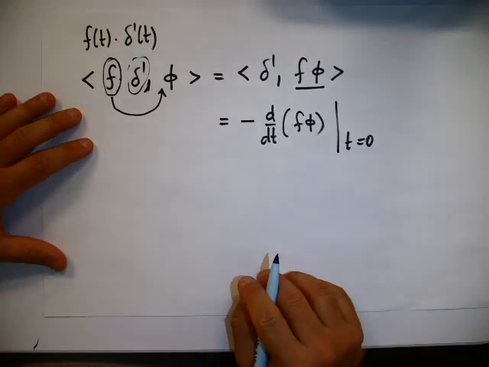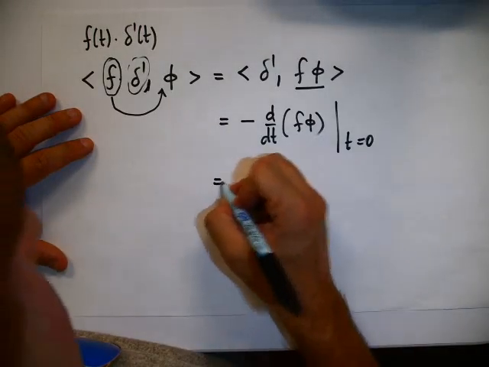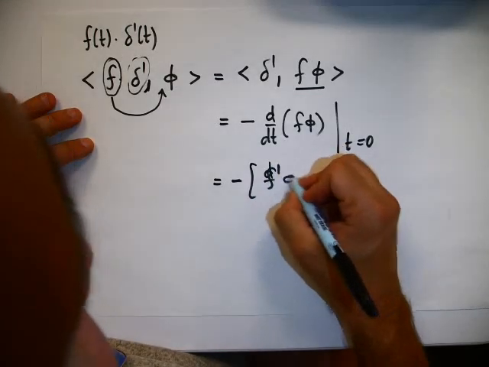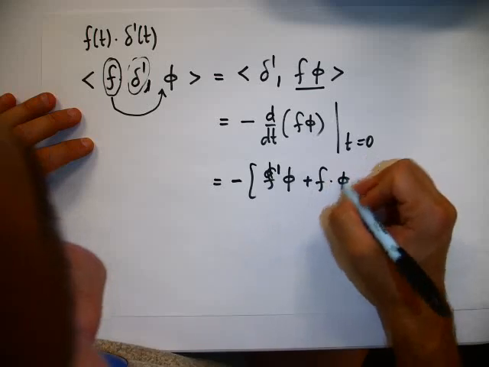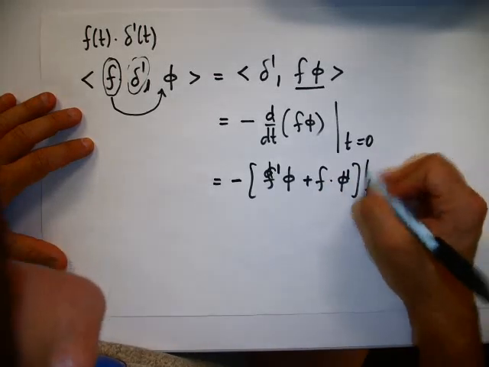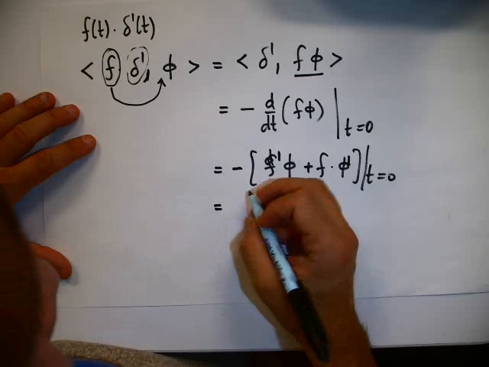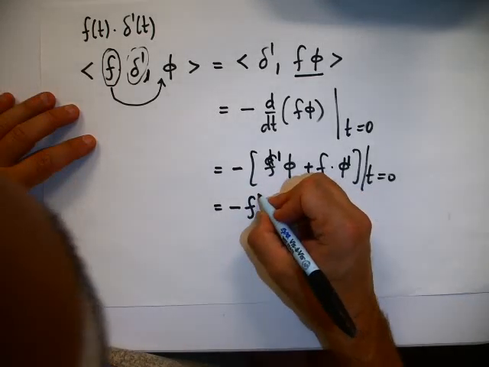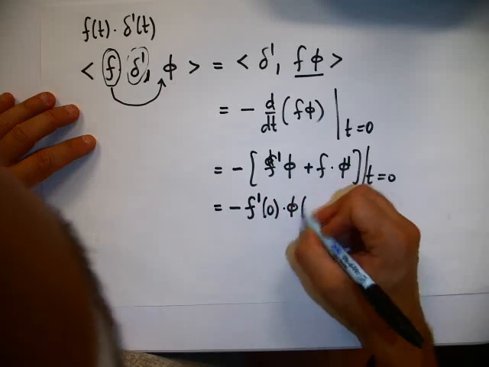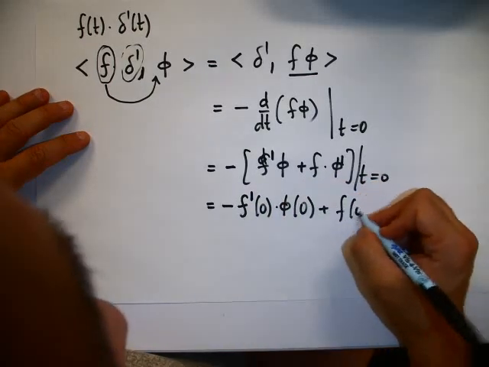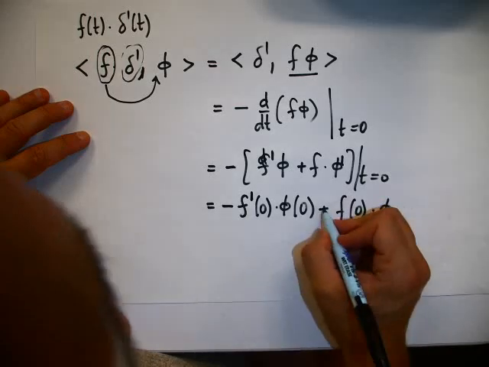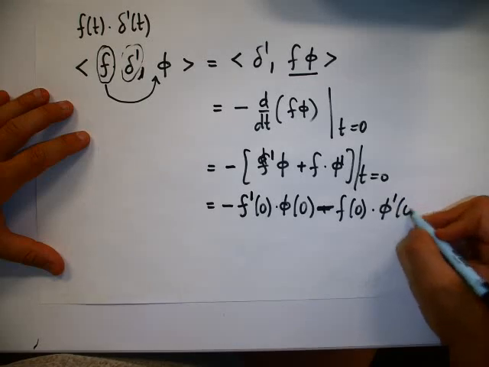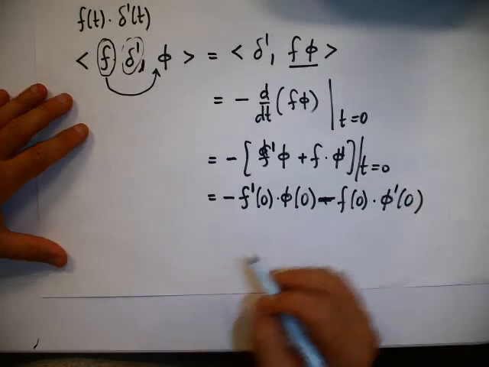This derivative is equal to minus f prime times phi plus f times phi prime at t equals 0, or minus f prime(0) times phi(0) minus f(0) times phi prime(0).